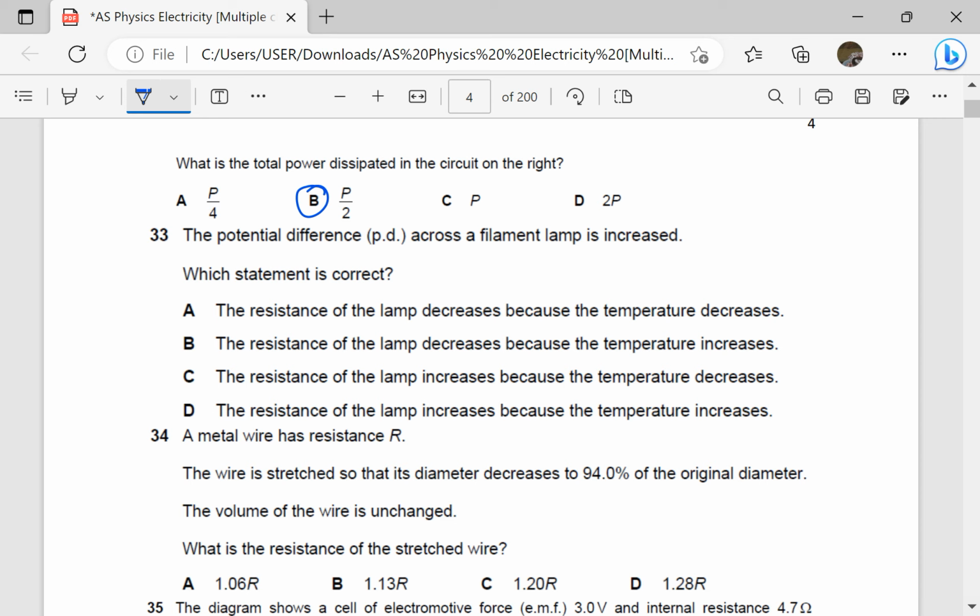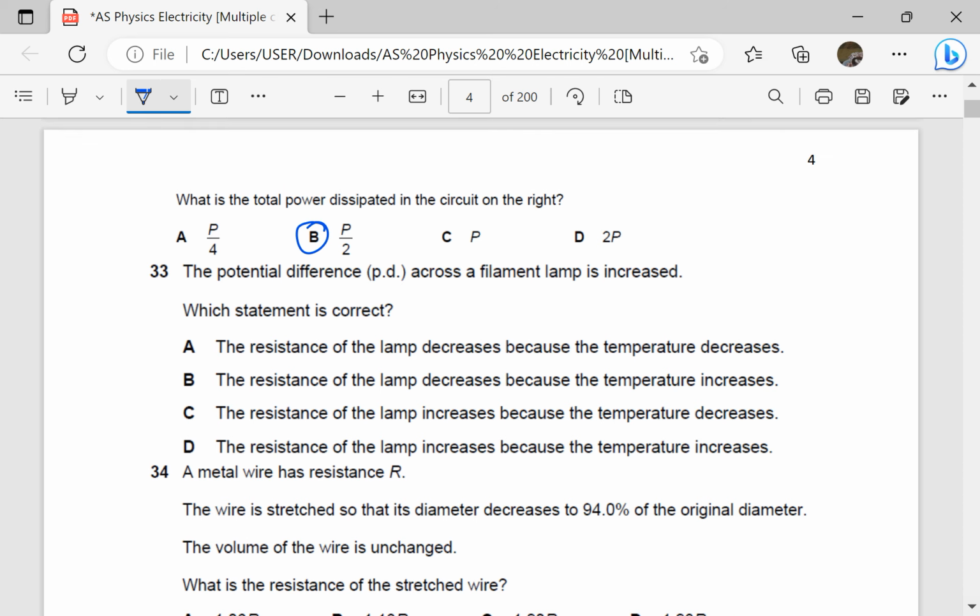The potential difference across a filament lamp is increased. Which statement is correct? What do we know about a filament lamp? If we remember the IV characteristic of a filament lamp, a graph of current against PD, that is I against V. If you remember very well, the curve was symmetrical about the origin, that initially for small voltage, the I is directly proportional to voltage and R is constant.